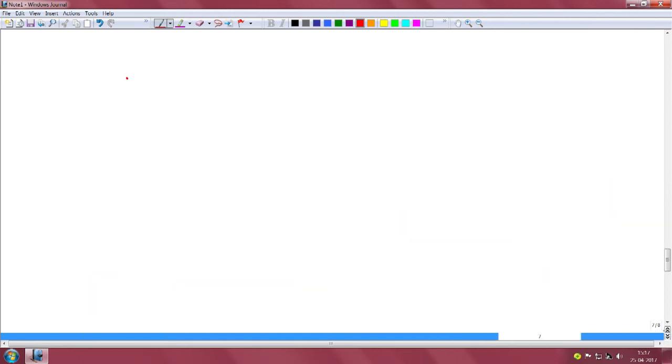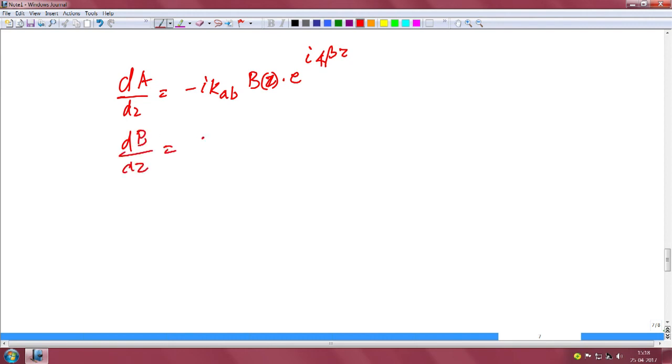So, I will quite quickly write again: dA by dz is minus i KAB into B of z and e power i delta beta z. dB by dz is minus i KBA into A of z and e power minus i delta beta z.